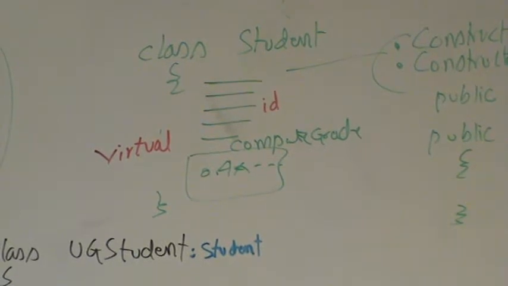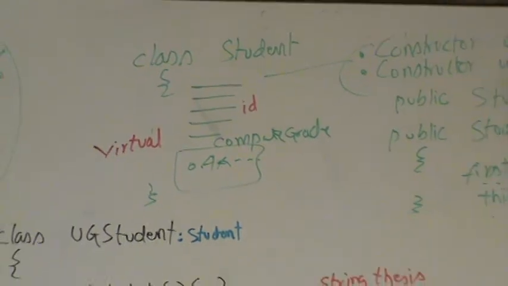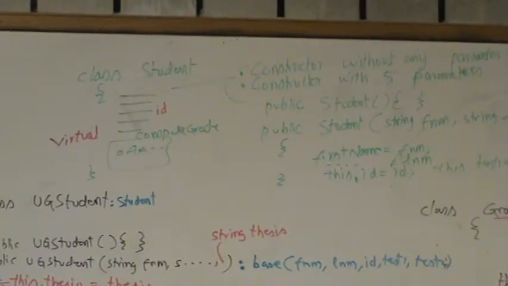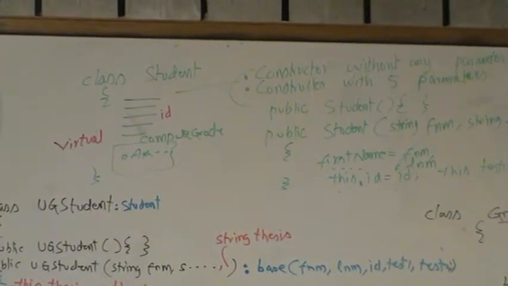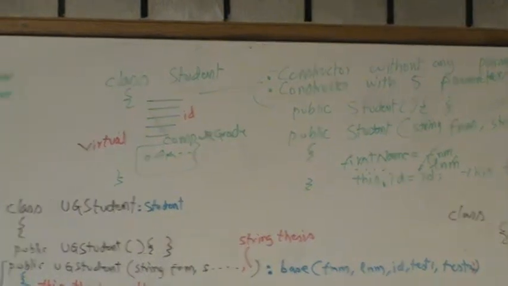But there is no ID for a part-time student. So remember, that's a violation of proper object-oriented programming. That means we need to change our hierarchy. We need to create a different base class. So let's figure out what's common between all 4 types of students.